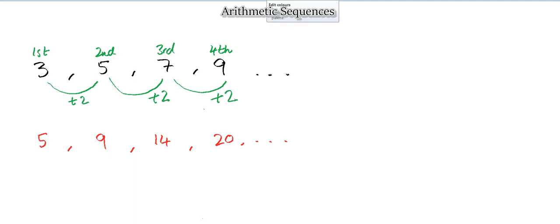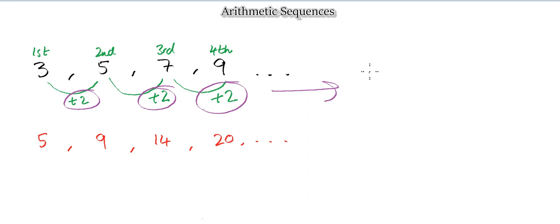Now, if we look at this, the difference between my consecutive terms is 2 each time. So my difference is the same. So in an arithmetic sequence, the difference is the same.